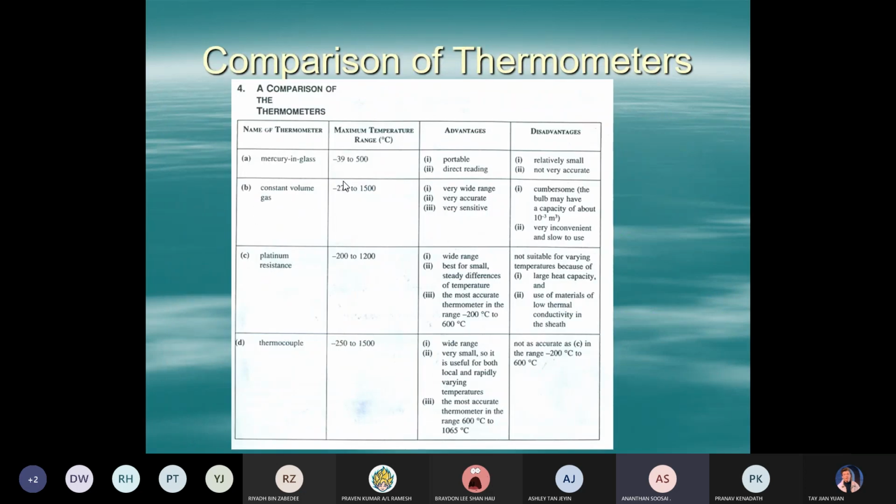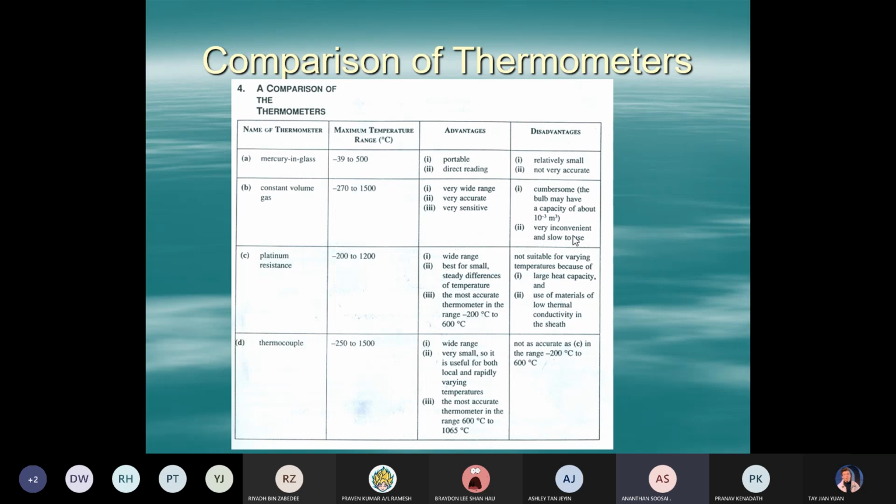Let me go back to the table here. For the constant volume gas thermometer, the range is quite wide, up to 1500 degrees Celsius. Very wide range, very sensitive, very accurate. Accuracy is the top in this range out of these four. Disadvantage: cumbersome. The bulb is very huge, inconvenient and slow to use.